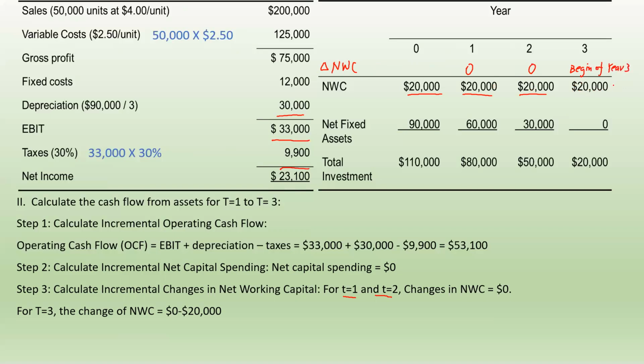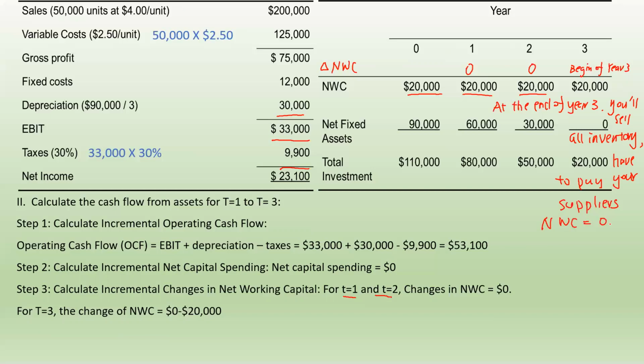At the end of year 3, you will sell all the inventory, and then you have to pay your suppliers. So the net working capital equals 0.